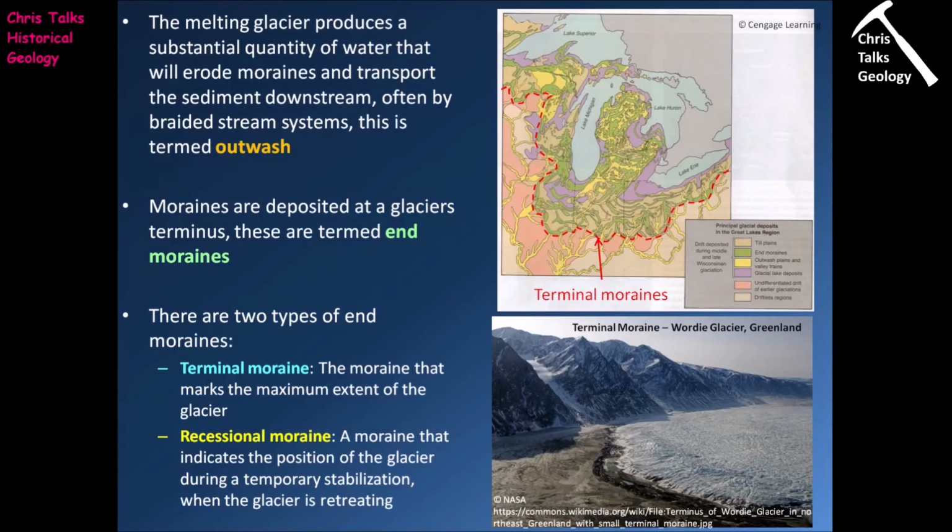So the glacier will retreat for a while, and then it will stop. And when it stops, obviously that means it's going to have time to build up a moraine. Then the glacier will start retreating again, and then it will stop, and then it will build up another moraine. And then the glacier will start retreating again, then it will stop, and it will build up a third moraine, and so on. And so what you're seeing here are these moraines behind the terminal moraine, which are recessional moraines produced as the glacier retreats.